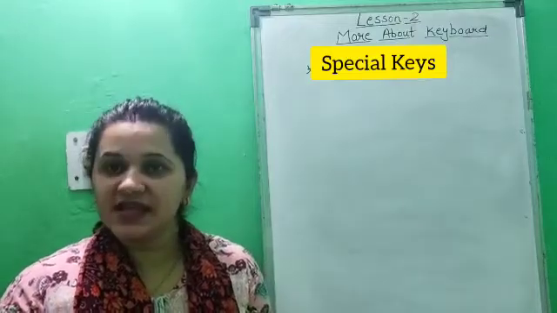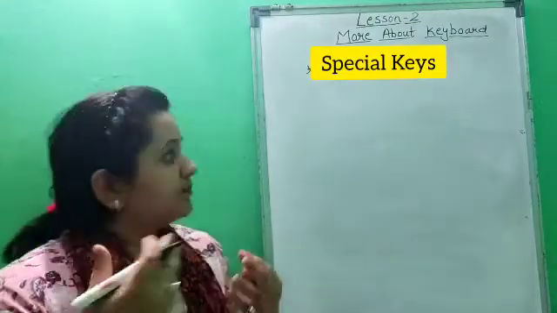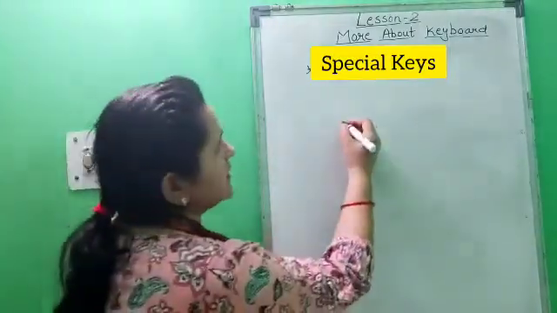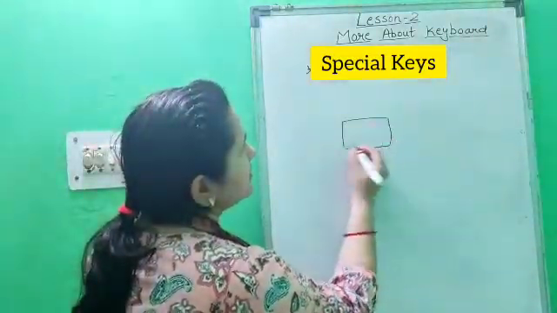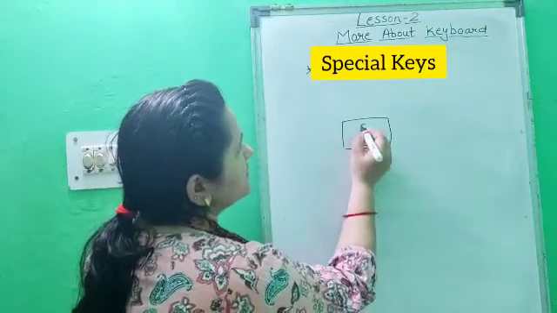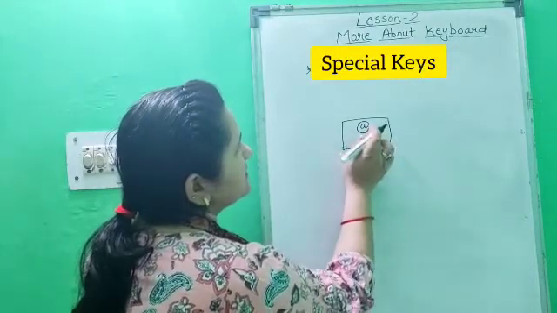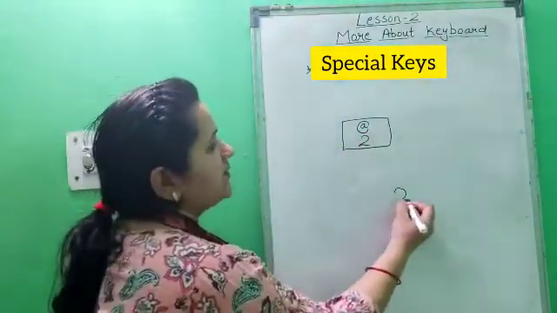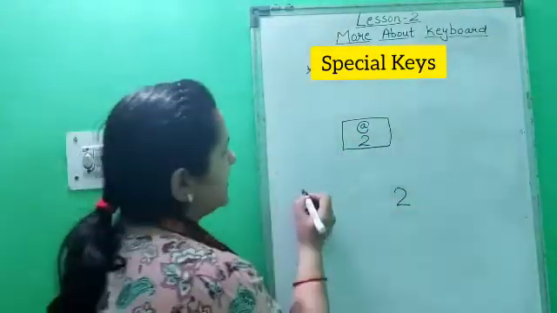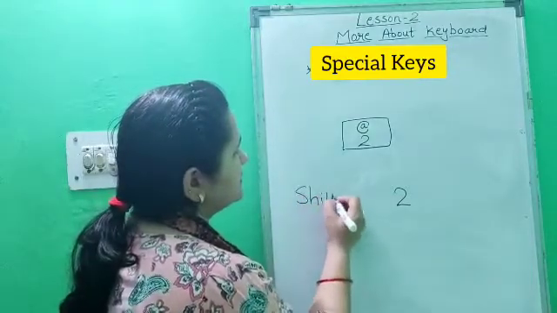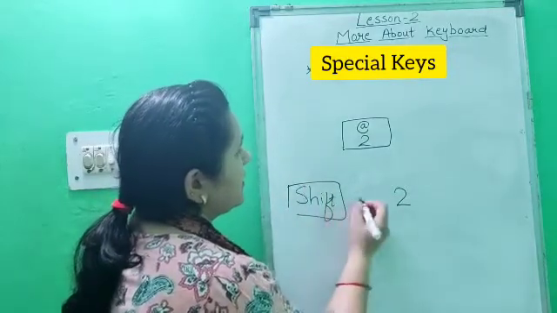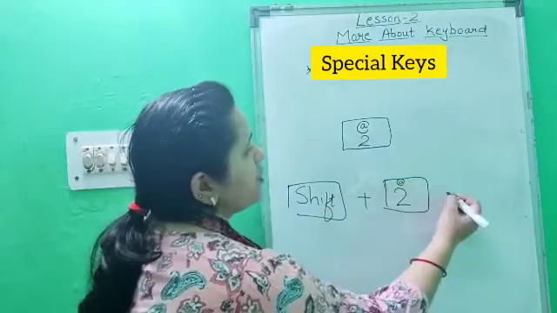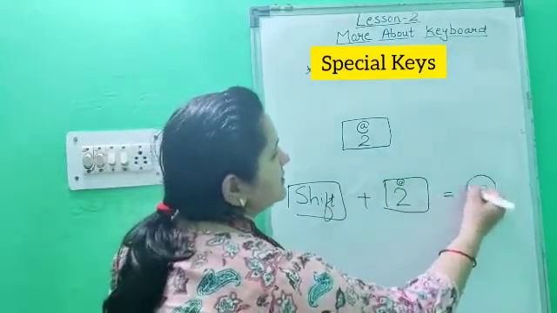So there are 2 works of the shift key. Yes. It helps in typing the special symbols which are present on the number key. Suppose 2, I have given you the example, and this symbol is there. Now if I press this key, only 2 will appear on the screen. But if I press the shift key along with this number key, then what will be the result?